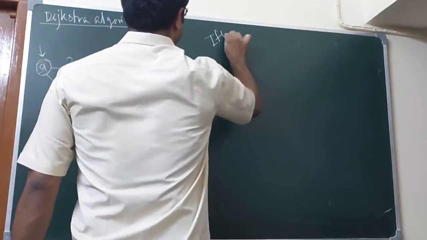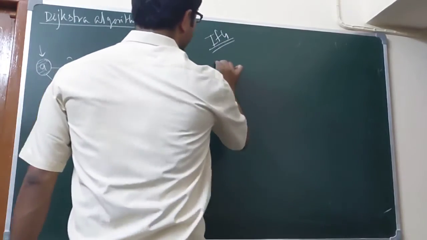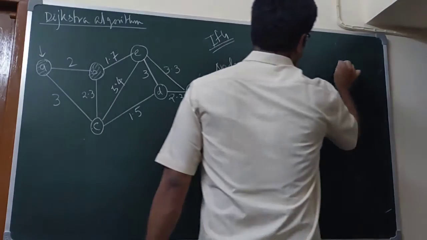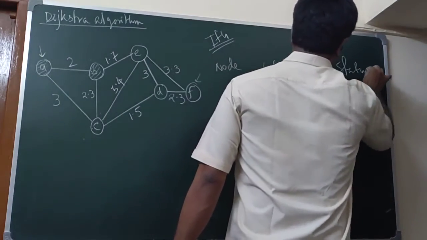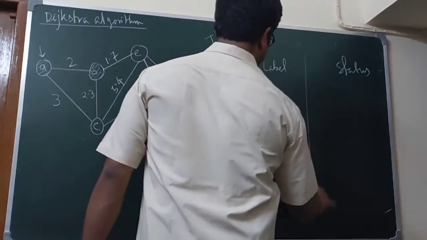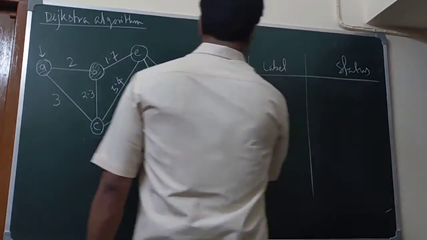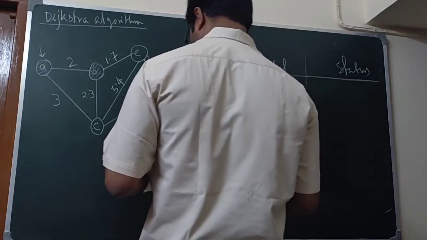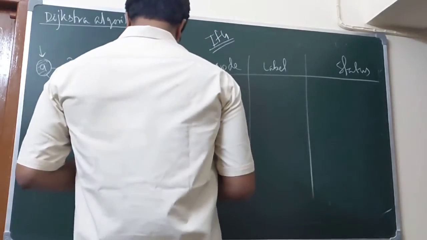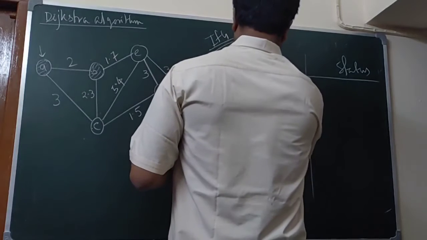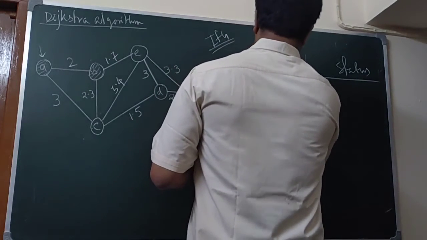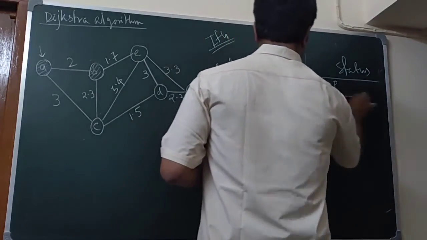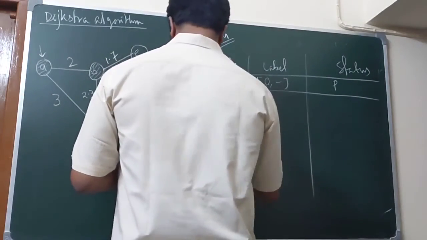Next, iteration 4. Iteration 4, node level and status. From the previously computed values, we put node A with the value 0, null, and it is permanent. We write P for permanent, T for temporary.